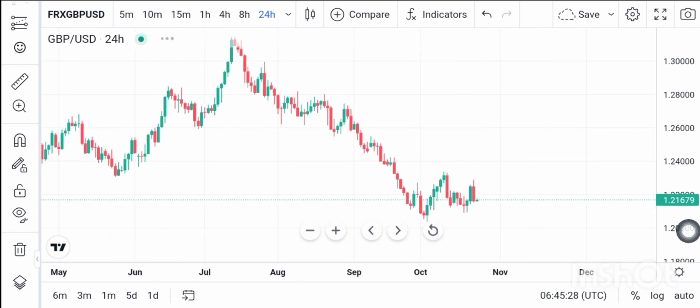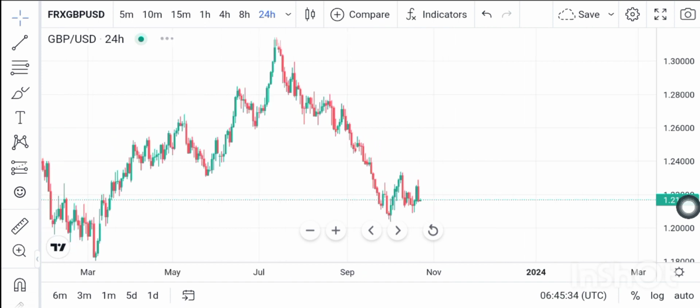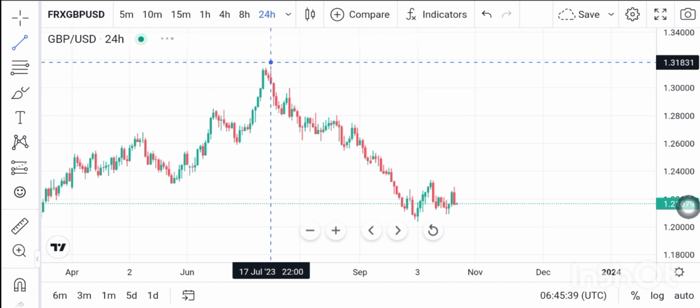So now let's use only this place to create a trend in the market. I'm using my trend line to do something of this nature.